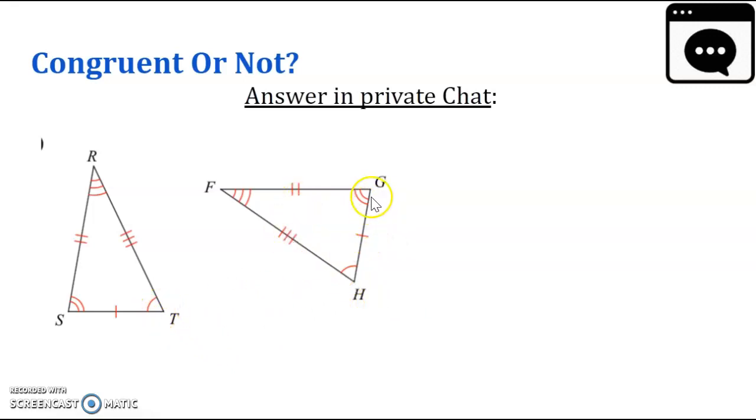Okay, and you have one line segment with one notch, another segment with one notch. That means side length ST is exactly the same in length as HG. So now we don't even have to have all the measurements, right? We can use this notation, using the notches and arcs, to indicate which are the same measure, which are the same length, or which are different.